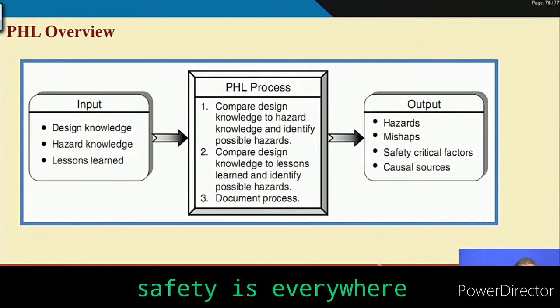Let us see what you require to know for doing PHL. Please understand design knowledge. By design knowledge, I mean you must know your process or the system. A better word, we will be using the word system because it encapsulates everything.